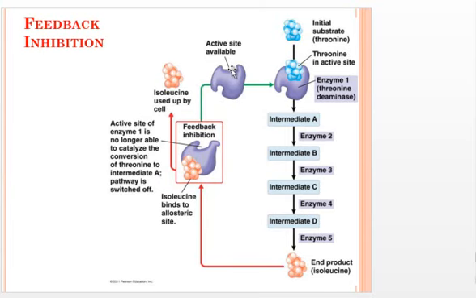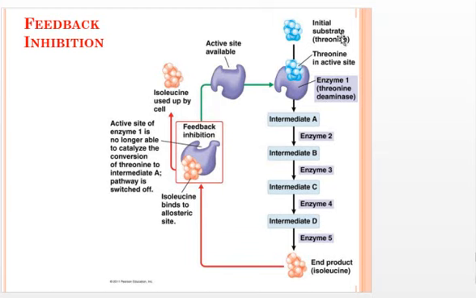Have you looked it up? It's an amino acid. This binds to the allosteric site, and when it's bound, the substrate cannot bind. When it's released, the active site is available.